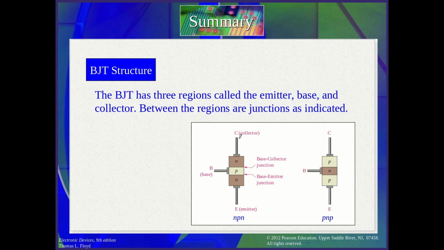So the relation IC equals beta DC IB is no longer valid. To calculate the voltage here, we take VCC minus the current IC multiplied by the RC resistor, and you get what is left for this place.